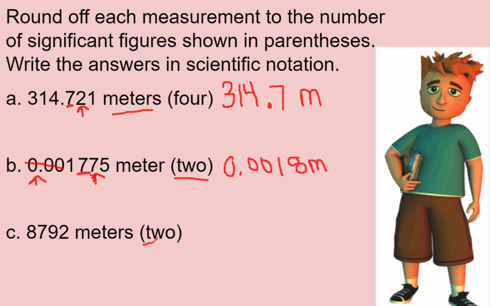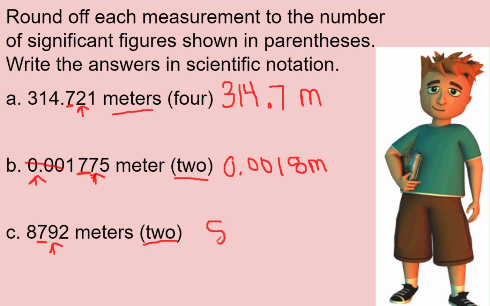And then finally, we want 2 significant digits. These are all significant right now, but because we're rounding to our least accurate, we can only keep 2 significant digits. So we're looking at the 7 and the 9. 9 is greater than 5, so we have to round up.